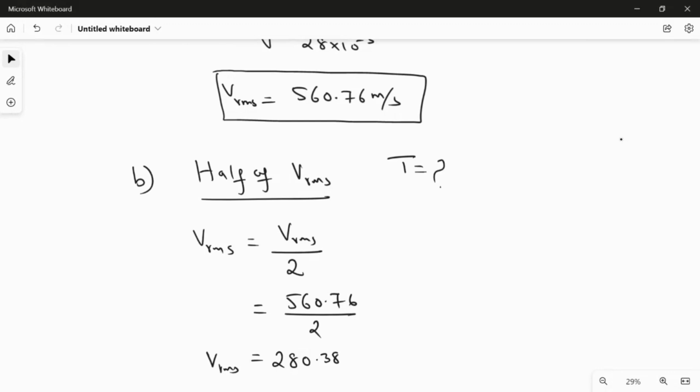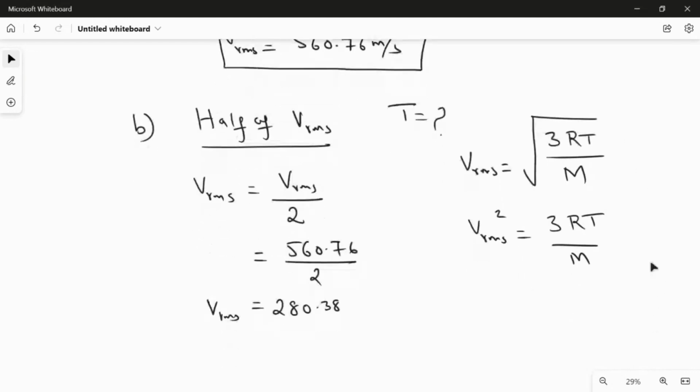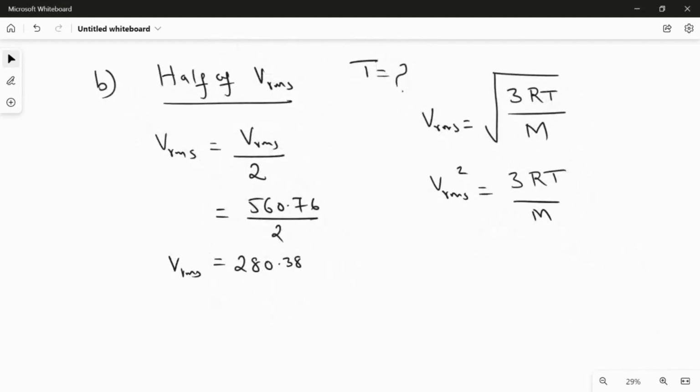So I have to use the same relation: VRMS is equal to the root of 3RT over M. I have to square both the left-hand side and the right-hand side to discard the square root. This becomes VRMS squared equals 3RT over M. Here we are going to find the temperature, so I rearrange this equation in terms of temperature.